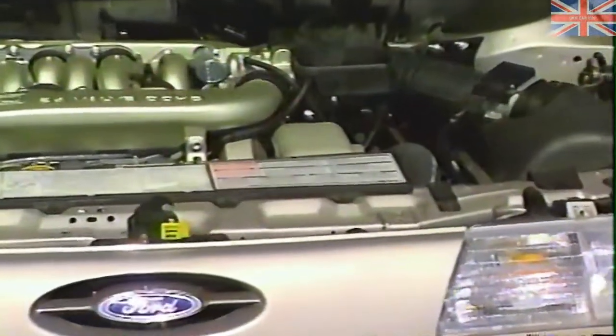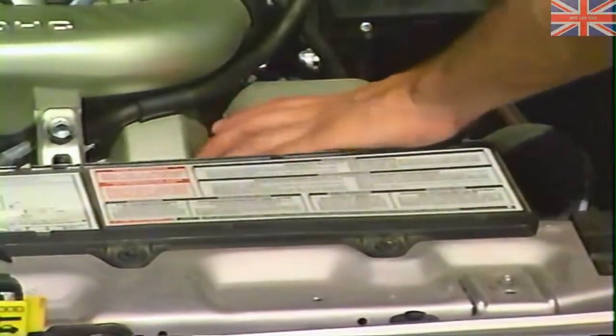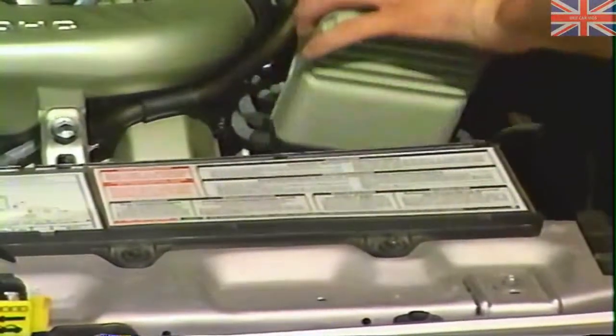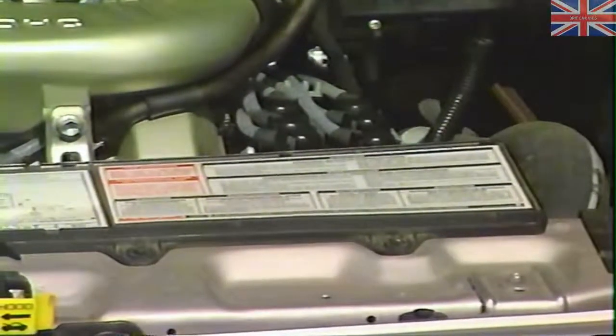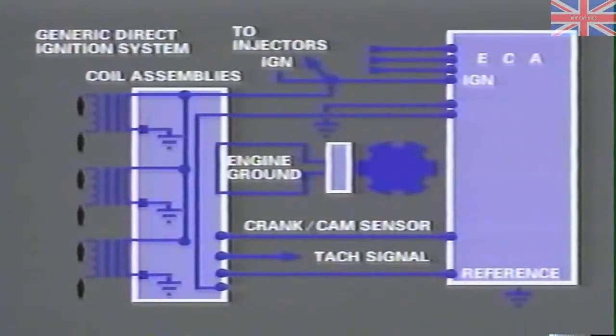The system utilizes a coil pack containing individual coils for each of 2 spark plugs. One spark plug fires on the compression stroke and utilizes the majority of the spark energy from the ignition coil. The opposing cylinder on the exhaust stroke is simultaneously fired with the waste spark from the same coil.